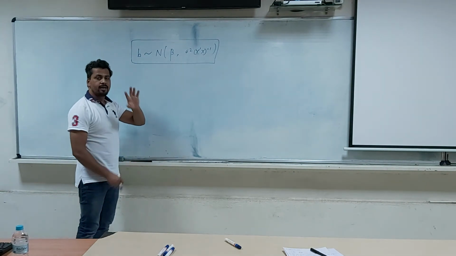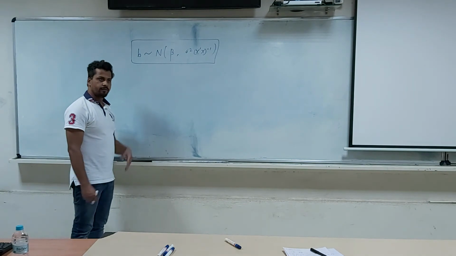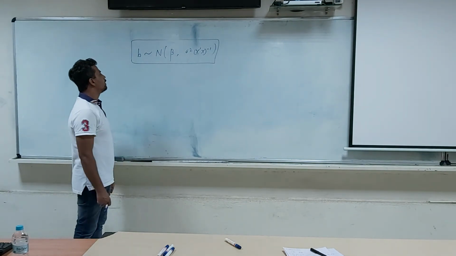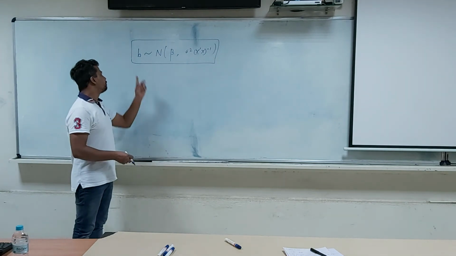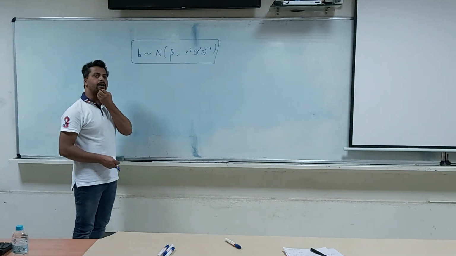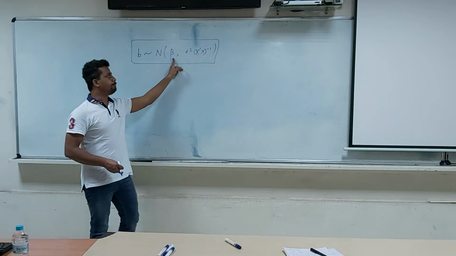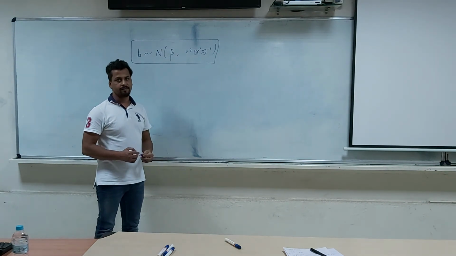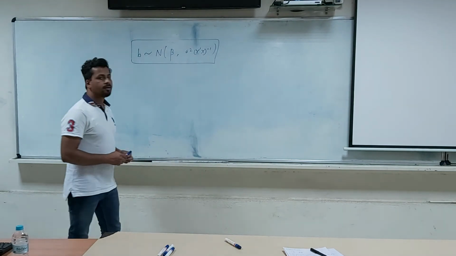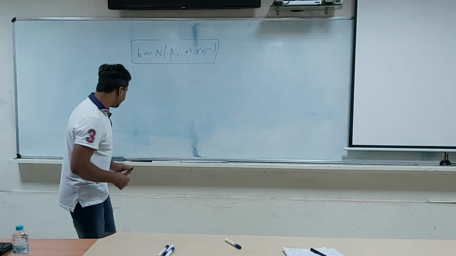As long as our error terms follow a normal distribution, we'll talk about this in a later class. Since B is a linear combination of your error terms, B will also be a normally distributed random variable with mean beta and variance sigma square x transpose x inverse. I hope this is clear to you. Okay.